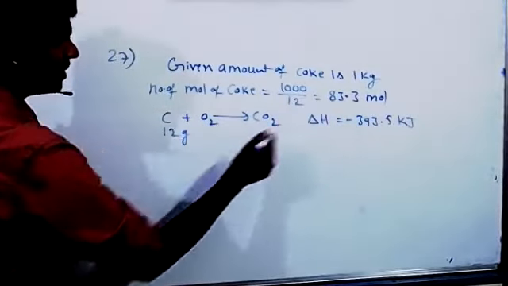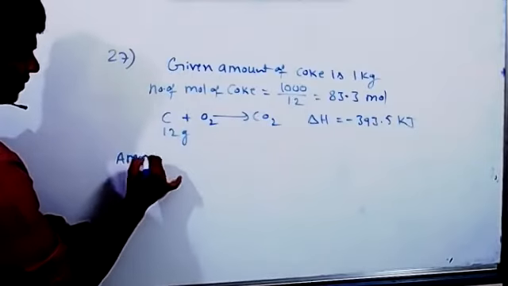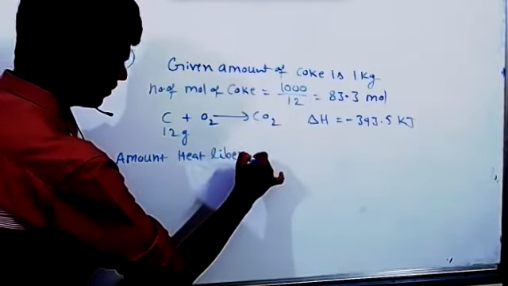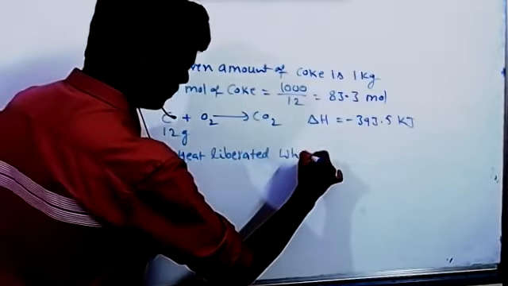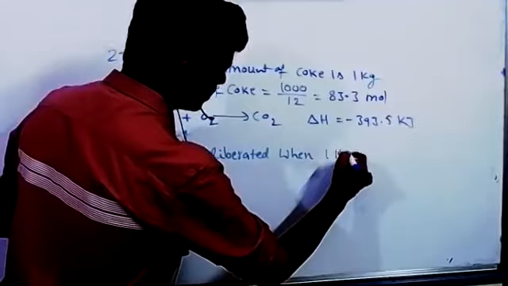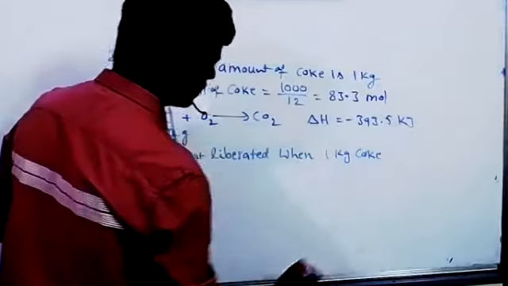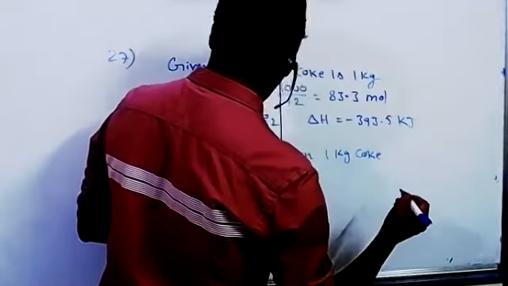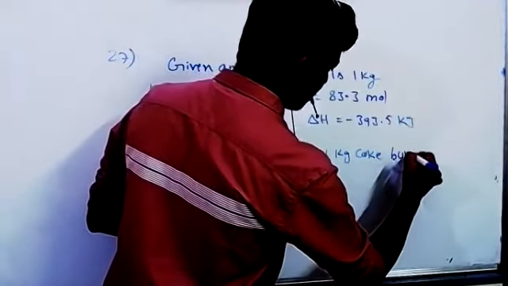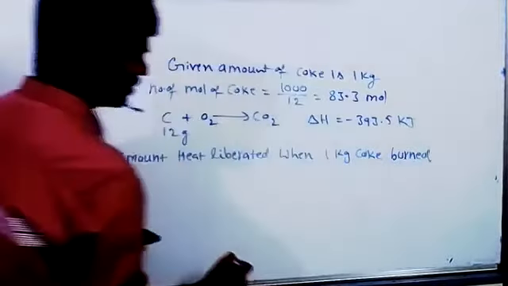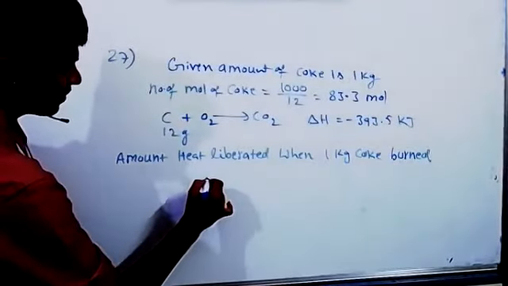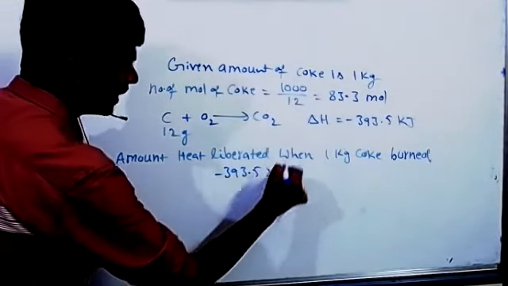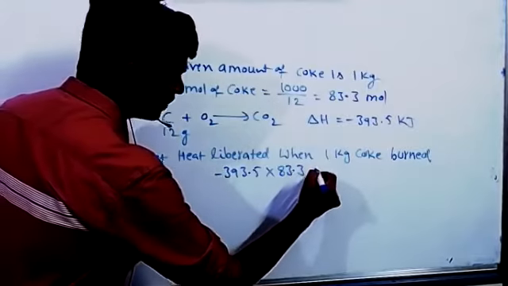By burning this many moles, the amount of heat liberated when 1 kg coke burns is minus 393.5 into 83.3. This much heat is liberated.